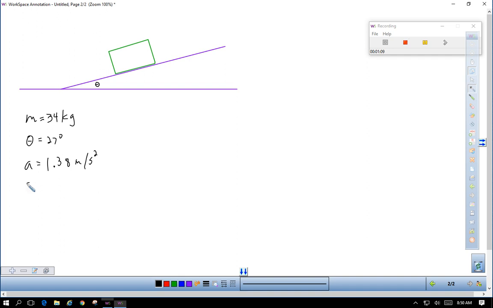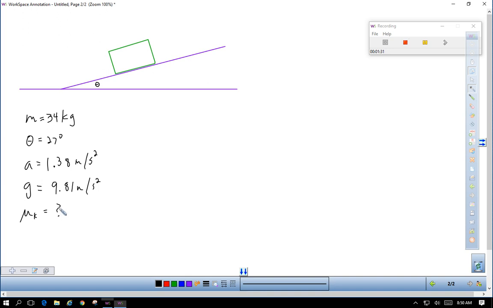G, sometimes I'll use 9.8. If I'm working the homework, I always use 9.81 meters per second squared, so I'm going to write that there as a reminder to myself. And we're looking for mu, specifically mu k.